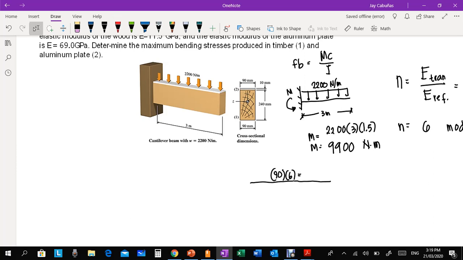Muna yung equivalent with pag wood siya. Okay? That is 540. This now, it's equivalent with pag wood. Same, then the thickness still the same. Okay? That is 10 mm.